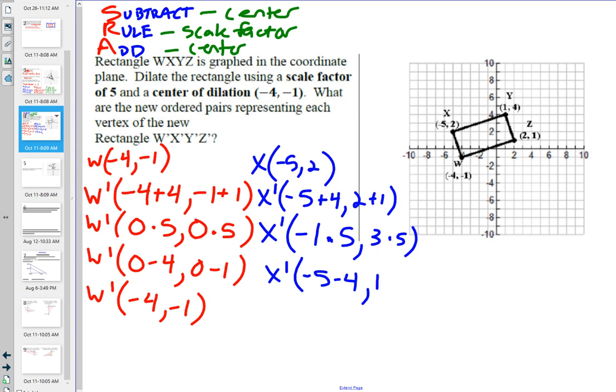Three times 5 is 15, and then minus 1. This would be negative 9. And then finally at the end, when I add back the center, actually, no, I'm already done. I did it already. Okay, that's the last step. Negative 9 and then 14.